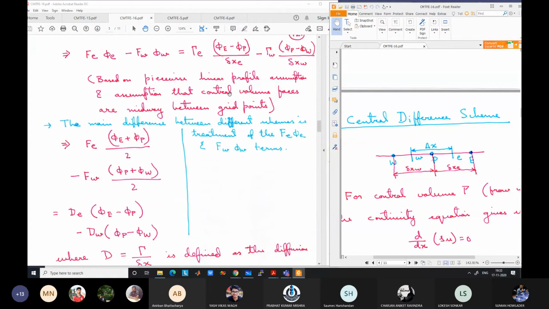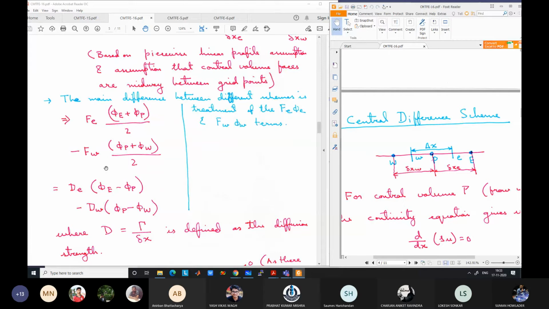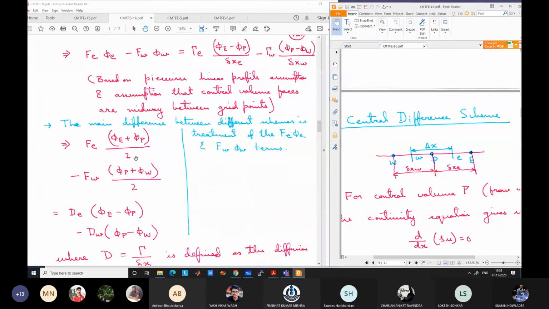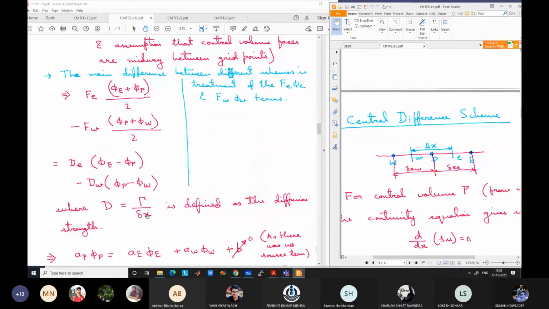On the right hand side, we can write this gamma_e by delta x_e, which is defined as the diffusion strength. This has the same unit as the convective strength, and this is denoted by capital D. So I can write this as D_e into (phi_E minus phi_P) minus D_w into (phi_P minus phi_W), where D is equal to gamma by delta x, defined as the diffusion strength.